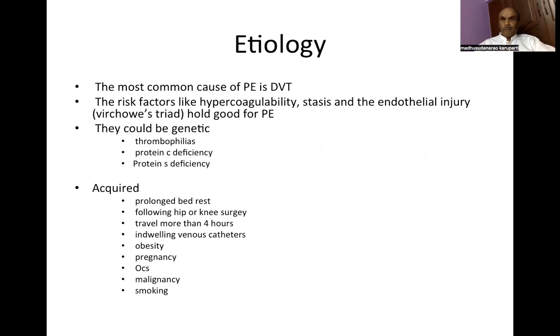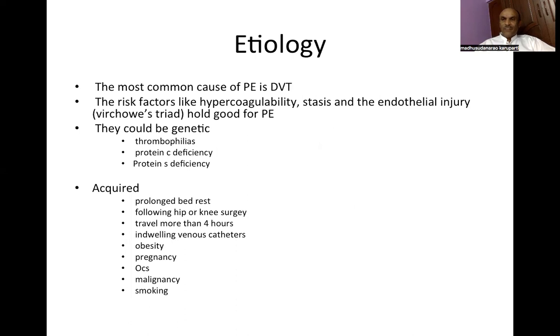Coming to etiology, the most common cause of pulmonary embolism is deep venous thrombus. The risk factors for the deep venous thrombosis, as described in the Virchow triad, are hypercoagulability, stasis, and endothelial injury.